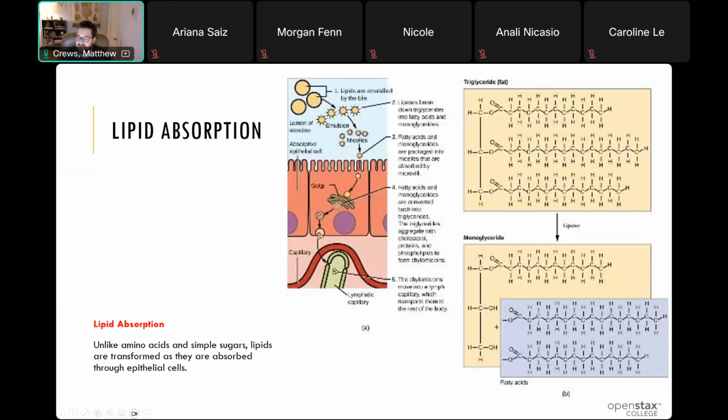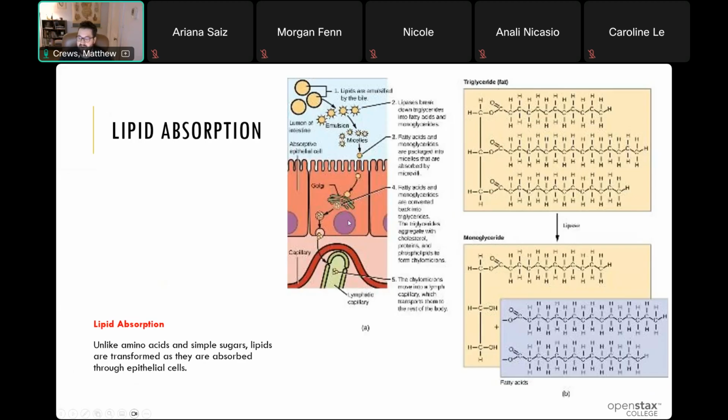Okay, so those individual micelles will kind of fall into, let's say, in between these little microvilli on the brush border, and then those will get pinched off, and then we create these little vesicles that go into the Golgi, right? And then those get packaged up with cholesterol.